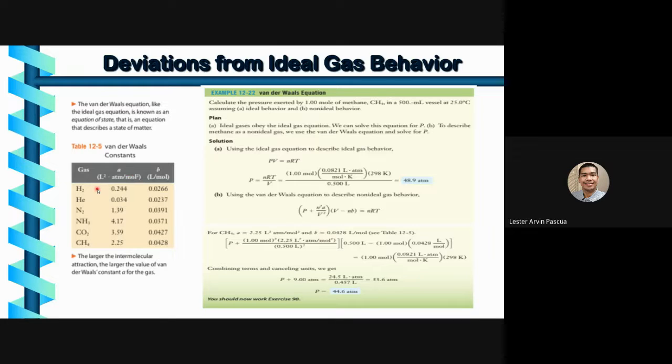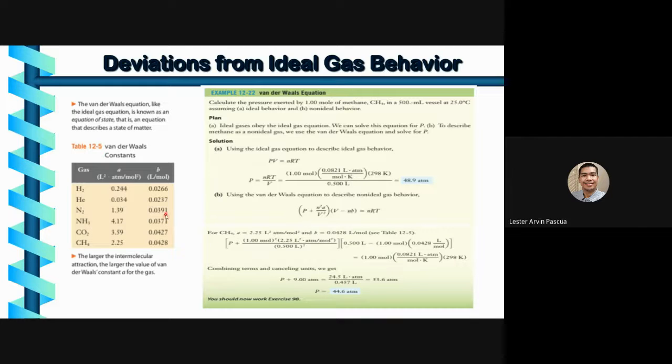Kunyari, hydrogen, dapat given yan. And what you have to do lang is to plug it in dun sa equation mo. And you get a different answer from your ideal gas equation. Okay? So, kung ang problem ay sinabi, ammonia gas, ang A at B mo, matik na yun, titignan mo lang sa table, ito yung A, ito yung B.